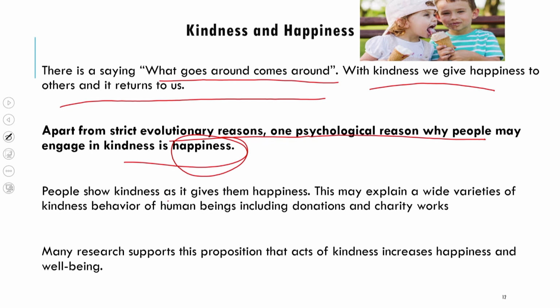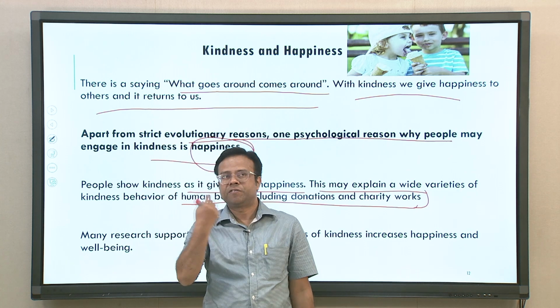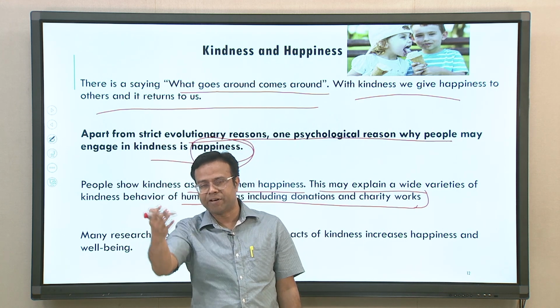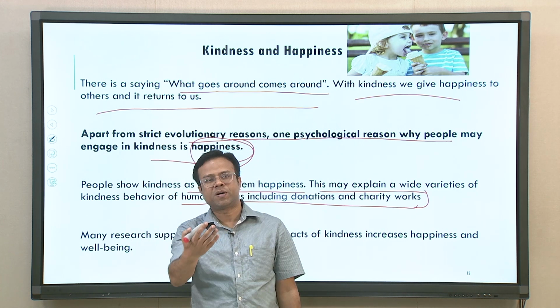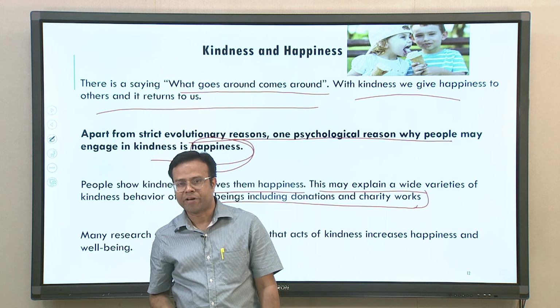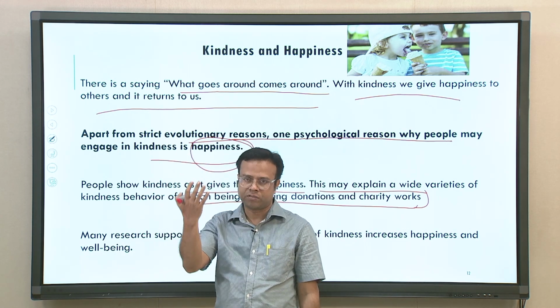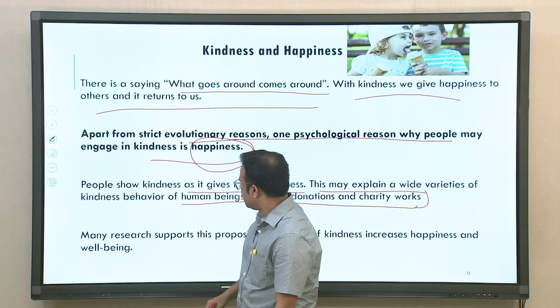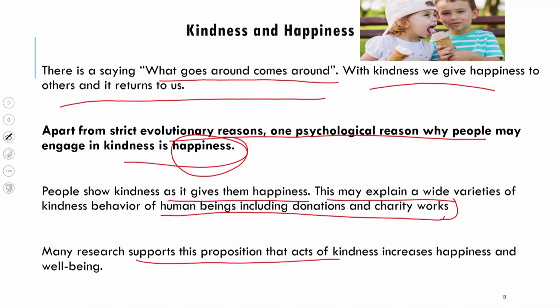So, people show kindness as it gives them happiness. This may explain a wide variety of kind behavior of human beings, including donations and charity work, even anonymously. Even if no one knows that XYZ has given a donation, that person may still engage in such behavior, because the happiness is the reward they get.